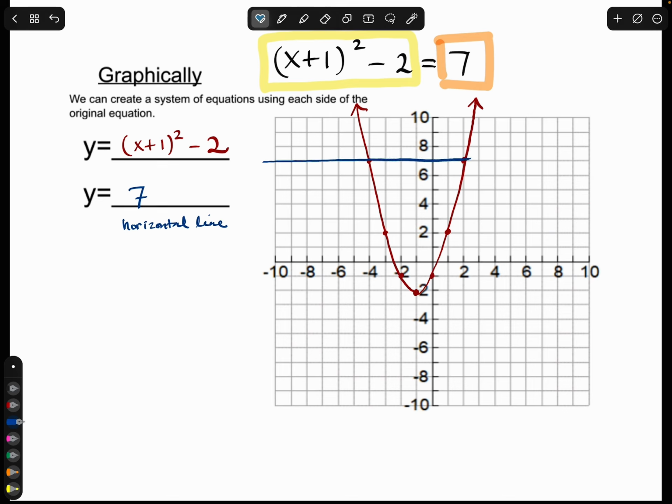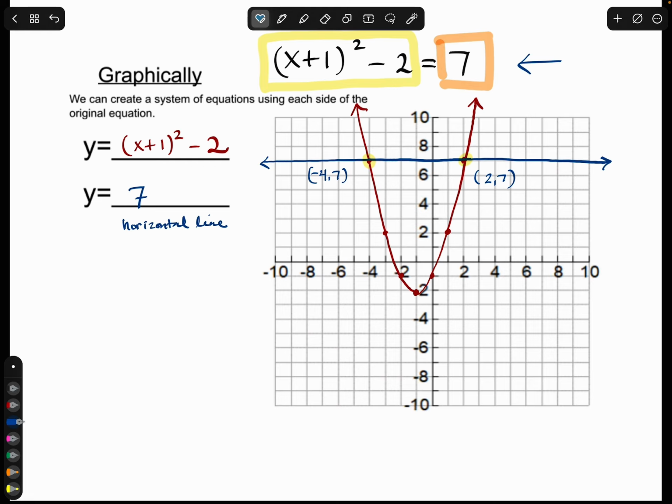So that's just going to run straight across here. You can see we hit it at 2 real nice clean points. There's a point here and a point here where they intersect. One of them looks like it's the point (−4, 7), and the other one is the point (2, 7).